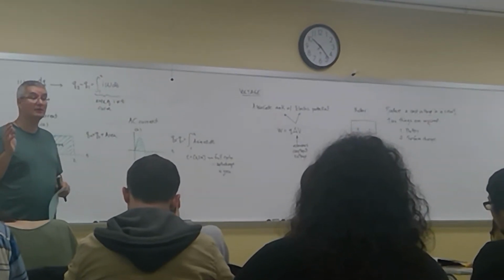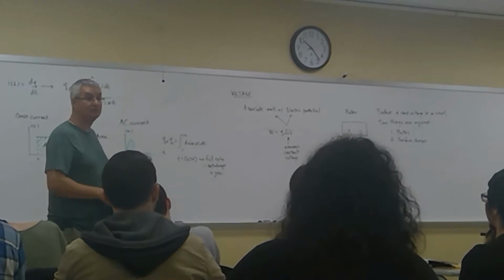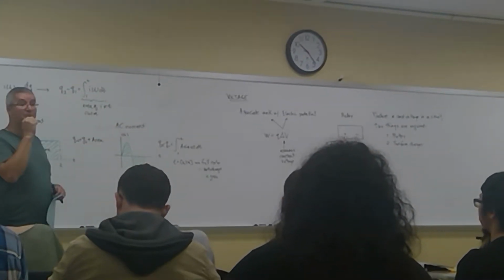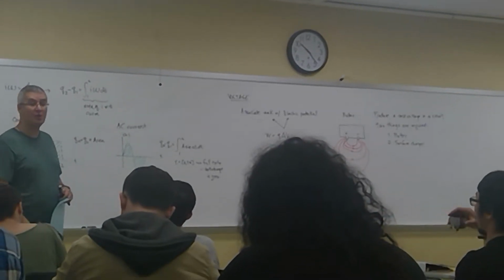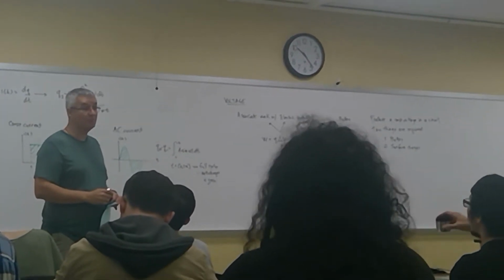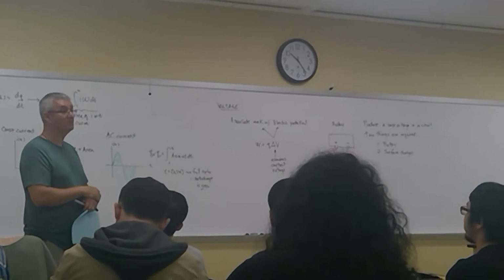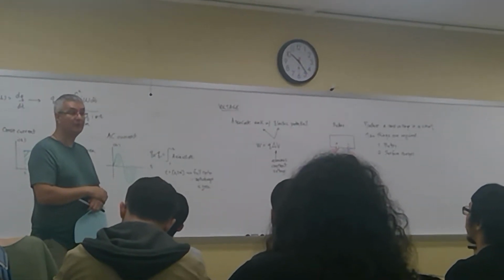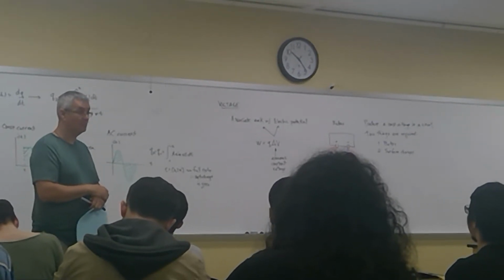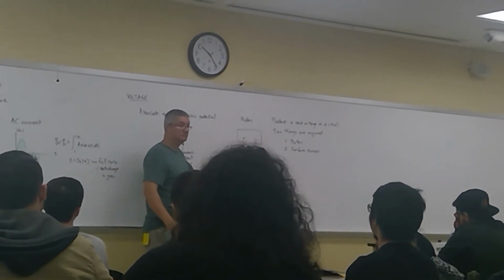So moving on. What you saw in 4B here is that the only way you can produce a uniform potential is if you have a uniform field. So think about that. Does a battery produce a parallel plate electric field? No. That's what the battery produces.